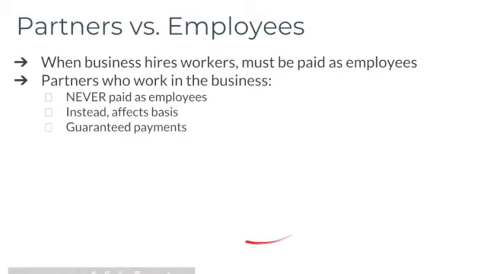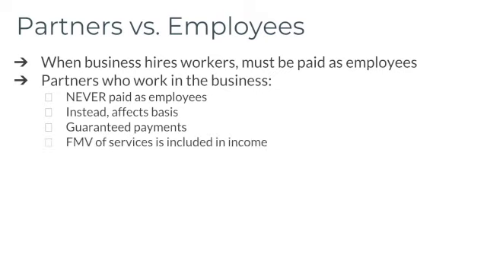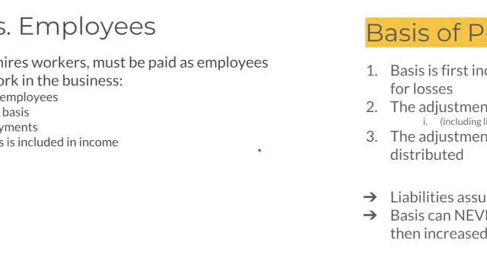Now, guaranteed payments are basically when there is a salary or an amount that's guaranteed for that person to get. Like in our last example, if he was actually paid that amount in cash, then that would have been a guaranteed payment because it was set, and fair market value of services is included in income.